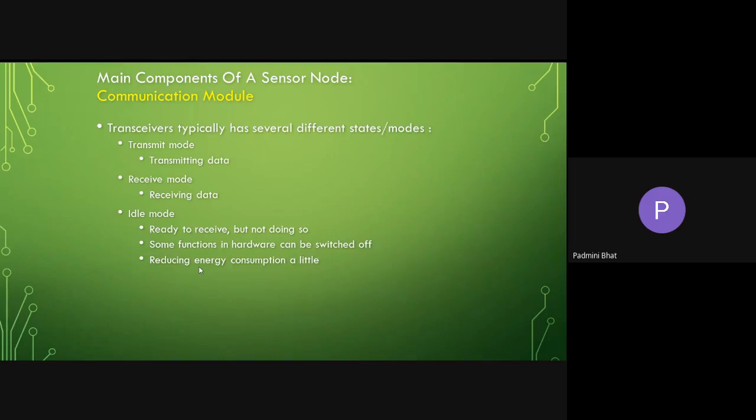Till that time my communication module can go to sleep, because the next data I have to send after 6 hours. The application is such, even after 24 hours, such applications are there. Once I have sent one data at around 6 o'clock, why should I keep the module on till next morning 6 o'clock? Need not be. So that comes as the idle mode.